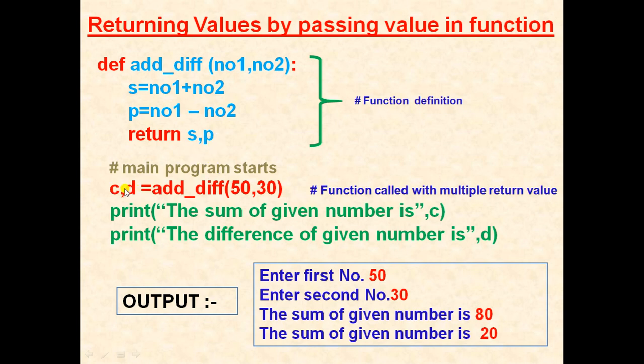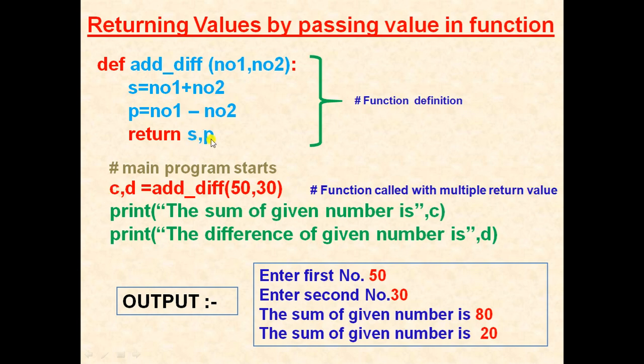In the main program, as per the number of returning values in the definition section, we have to take that many left-hand side variables, so that each and every value gets its proper assignment.